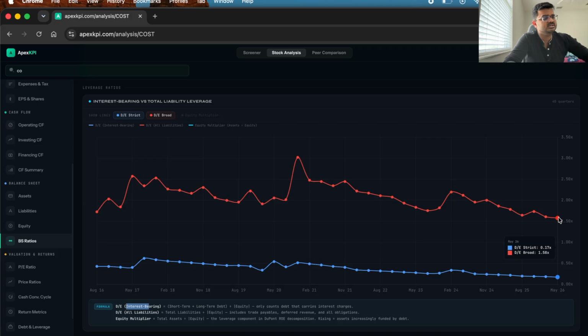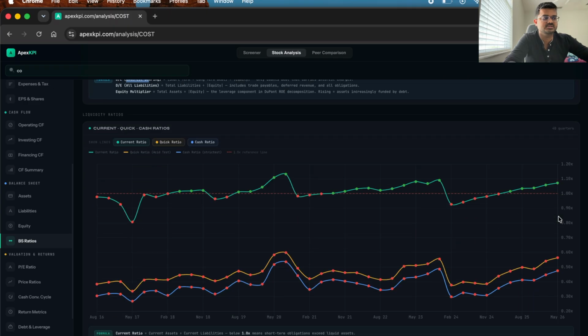So that is why I always prefer to see the debt to equity in two lenses, one as interest bearing debt and another one as total liability. In this case, Costco's total liability to equity is much higher, that is 1.58, but my interest is more on interest bearing debt, which is 0.17. This is the second piece of information we can get from this segment.